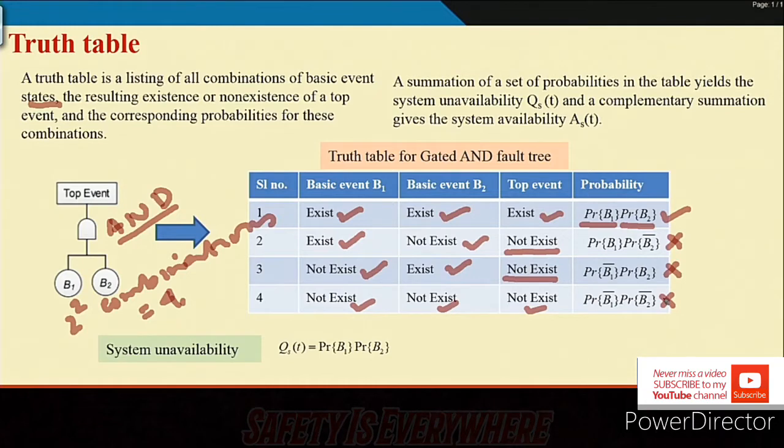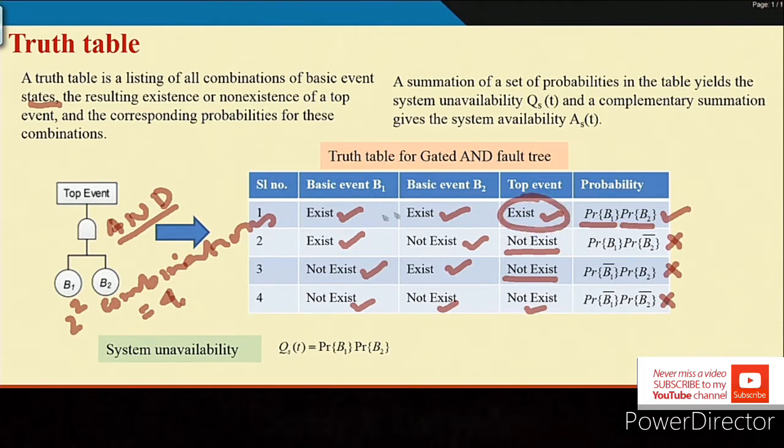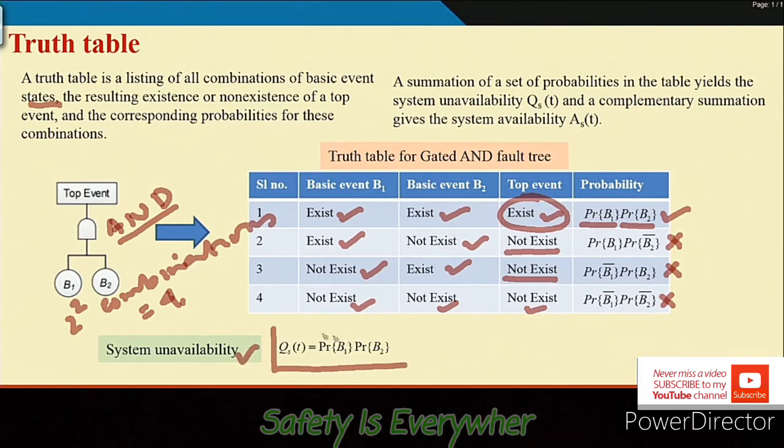So, this will also not contribute to the unavailability calculation. As a result, what is the unavailability here? It is the probability of the top event existing. This is the first combination, when both B1 and B2 exist, and the resultant probability is probability B1 into probability B2, as B1 and B2 are independent events. So the system unavailability QST is given by this equation: QST is probability B1 times probability B2.